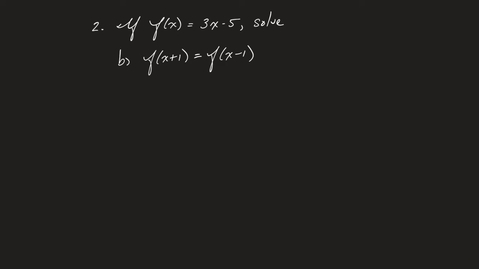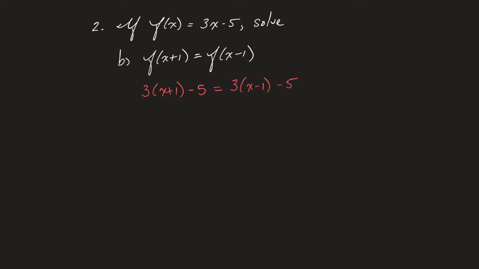Okay, and we're back. So, if we started off interpreting our function notation, I need to replace my x with an x plus 1 in f. And then on the other side of the equal sign, I need to replace my x with x minus 1. So that's going to give me that equation. Now I just need to solve it.